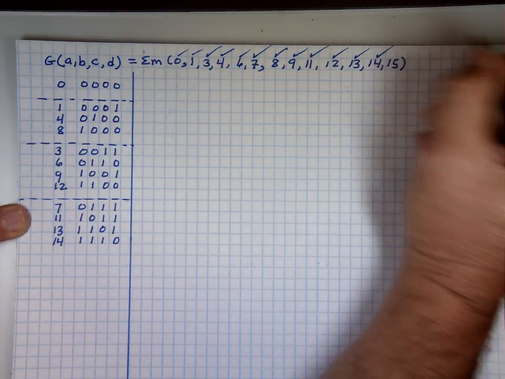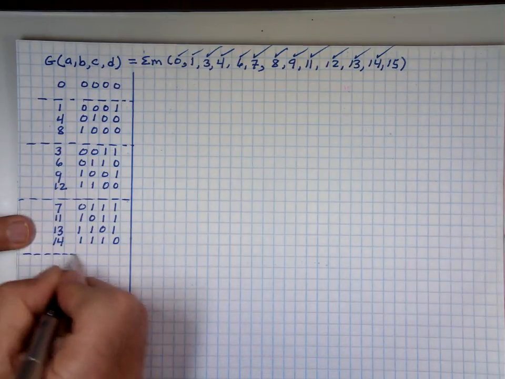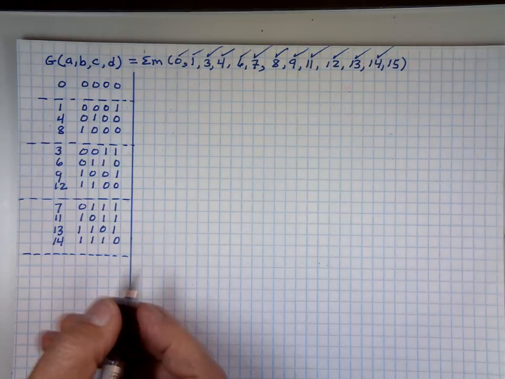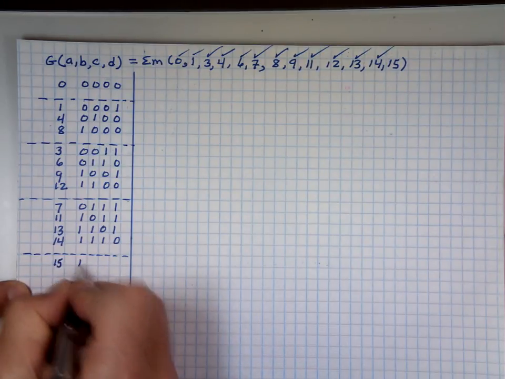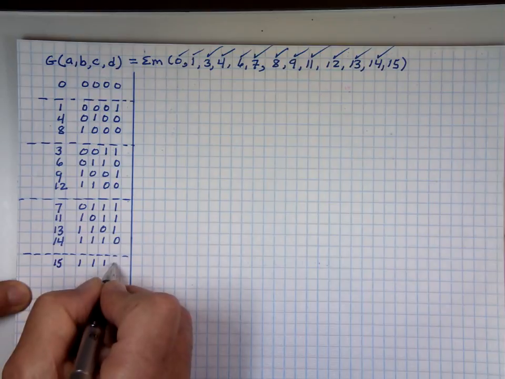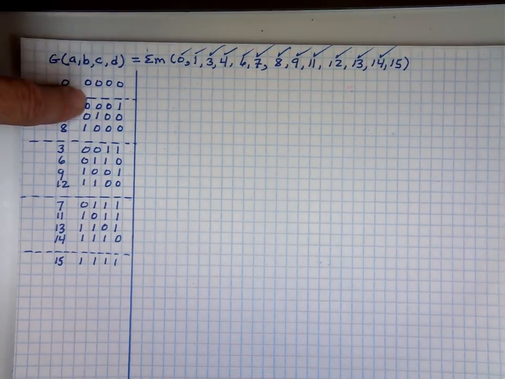And the last one is 15, that's what? All ones, 4 ones. So notice we broke the list into groups of ones. 0 ones, 1 one, 2 ones, 3 ones, 4 ones.